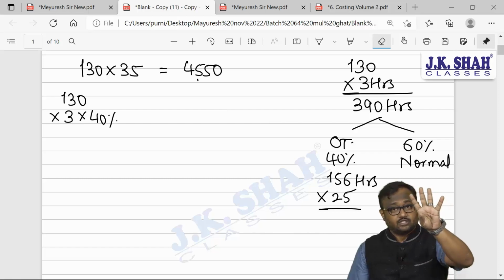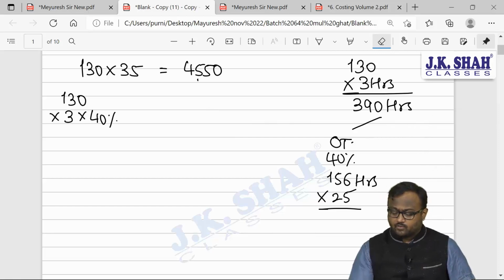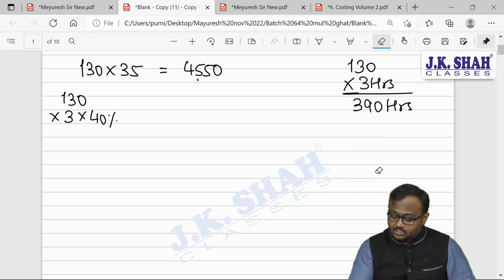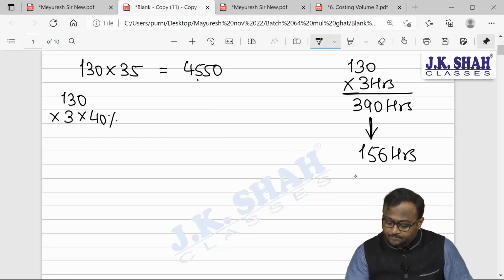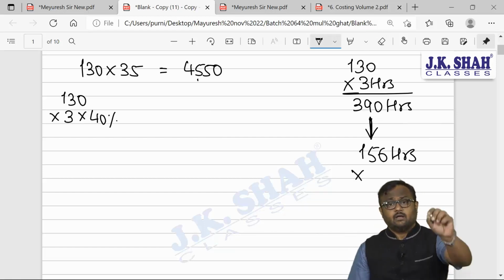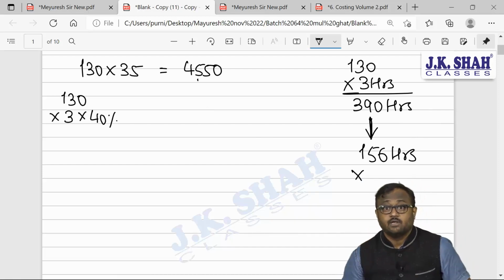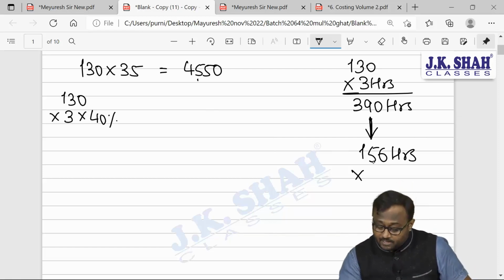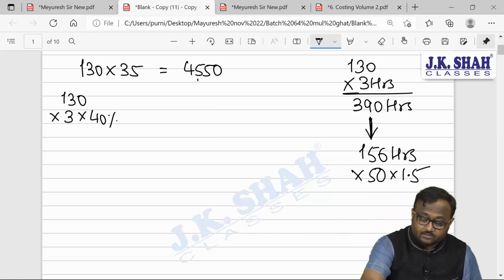The question says there is excess utilization only to the extent of 40%, meaning the cost up to 60% has already come; I'm not bothered about it. My total requirement is 390 hours. Out of 390 hours, my overtime will be restricted to 40%, 156 hours. The 156 hours will be paid 50 as base rate plus overtime premium, which is half. So basically 50 into 1.5. So 156 into 75.